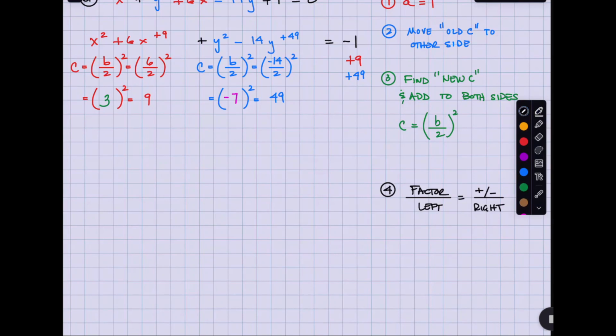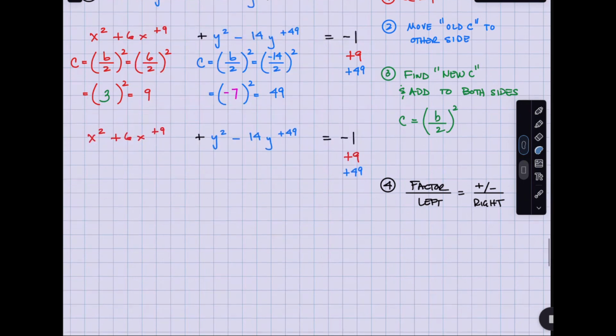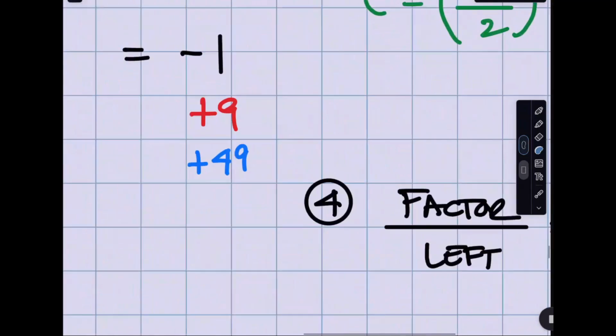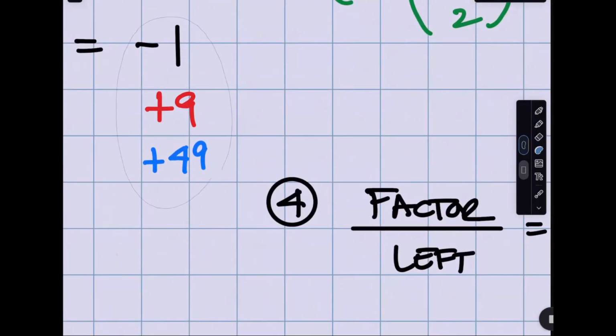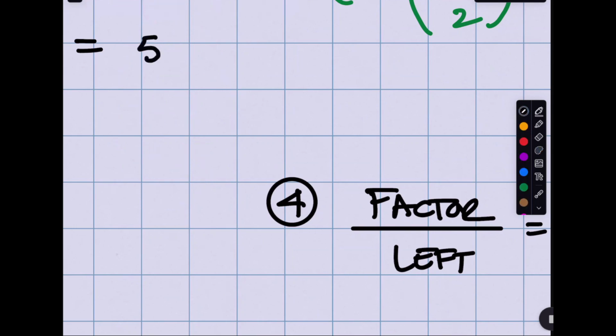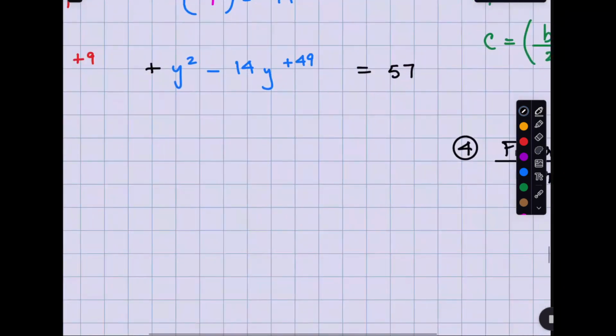So here, let me do this. So you guys see everything here. So add, subtract the right side. What does this equal to? 57? Everybody got that? Okay? All right.